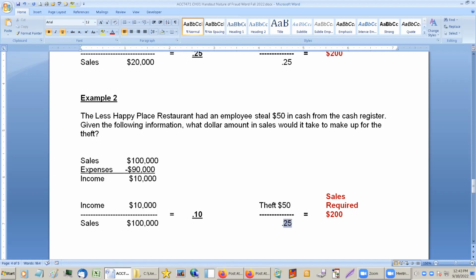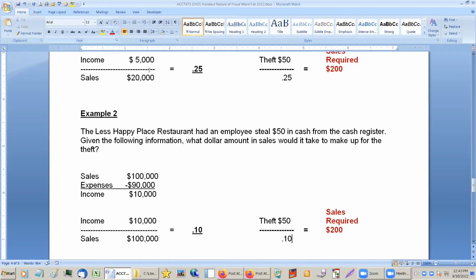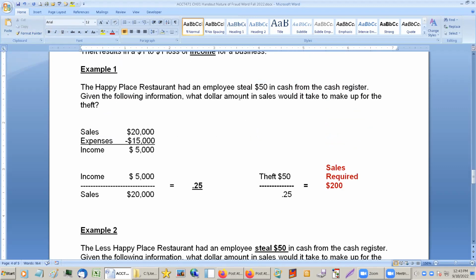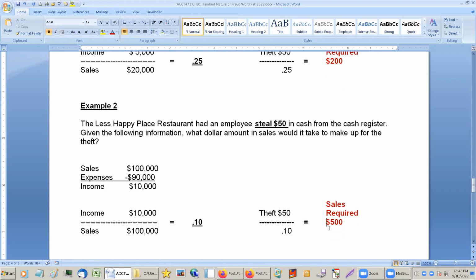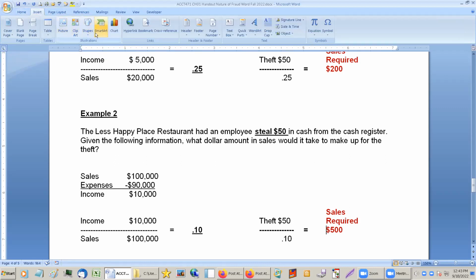So the same $50 theft down here would require $500. So even though it's the same $50, it depends on what the return on sales is. So a $50 theft would mean you have to sell $500 worth of stuff to make up for it. For example, two.